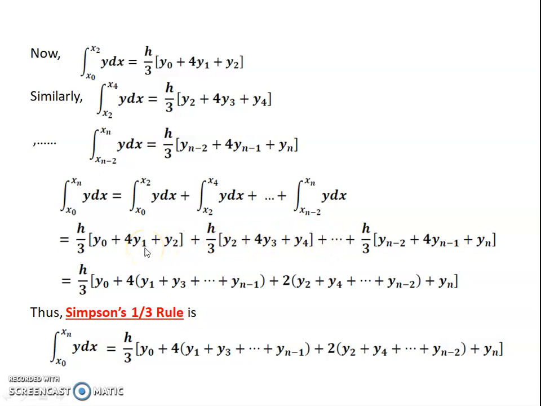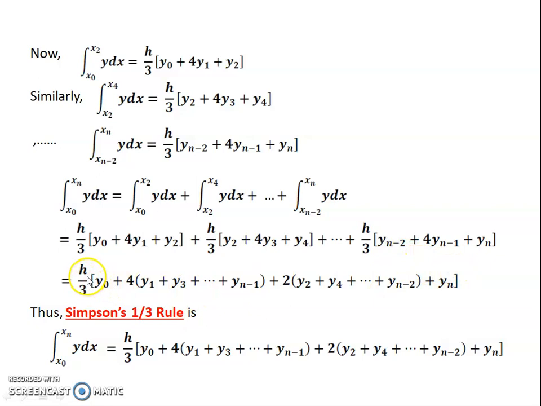But y1 appears 4 times, y3 appears 4 times, y5 appears 4 times, and yn minus 1 appears 4 times. All odd number terms appear 4 times. And y2 appears here once and in the second term once. So we have 2y2. Similarly, we have 2y4 and 2y6, like this.